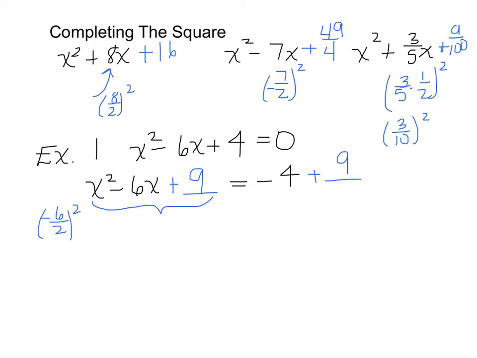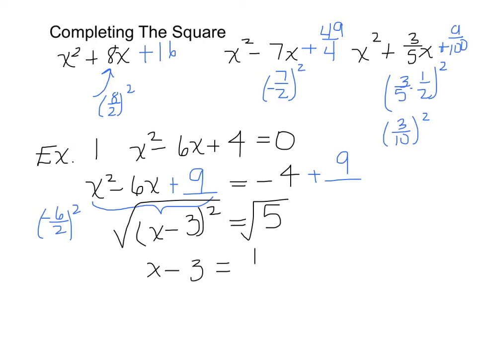That means you factor it. x minus 3 squared equals 5. So from here, you're back to solving by square root. So I'm going to square root both sides. 5 is not a perfect square, so I'm going to leave it under the square root. And then that's as far as you can go.